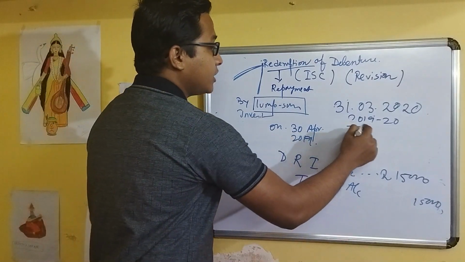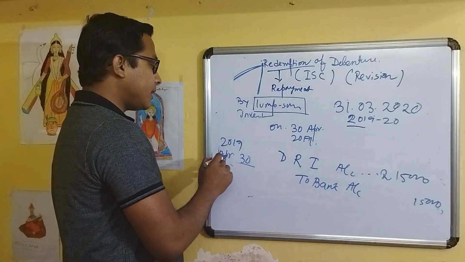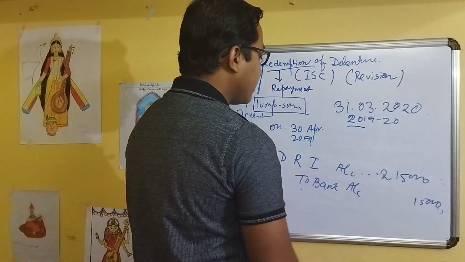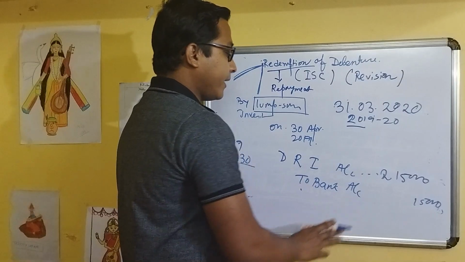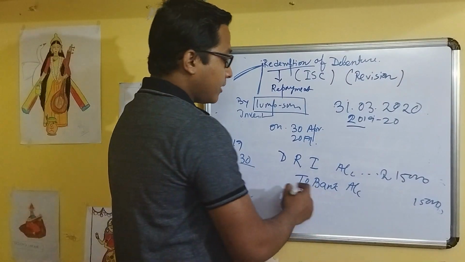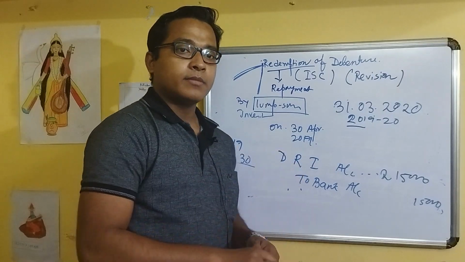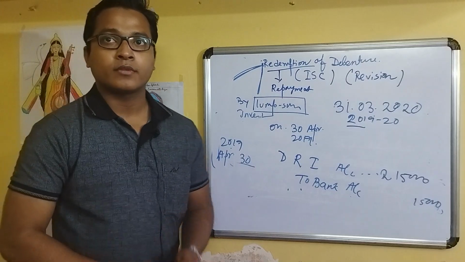Our financial year of redemption is 2019-20. So by 30th April 2019 we make the debenture redemption investment account debit to bank account. Since it is an investment, we give it through the bank account, so bank is credited first.